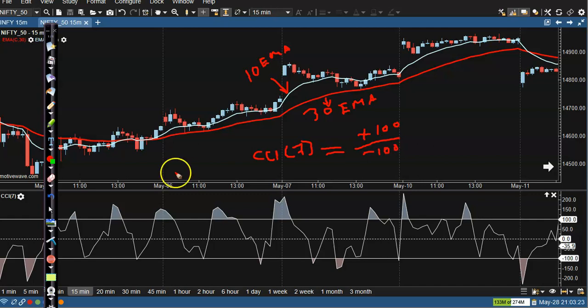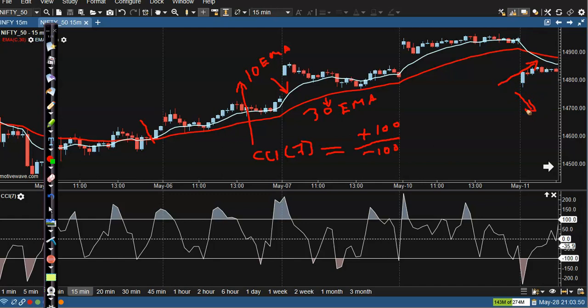Now this moving average is just showing us the trend. If the 10 moving average is above the 30 moving average, it means the trend is up. When the 10 moving average crosses below 30, it means the trend is down. It's very clear.